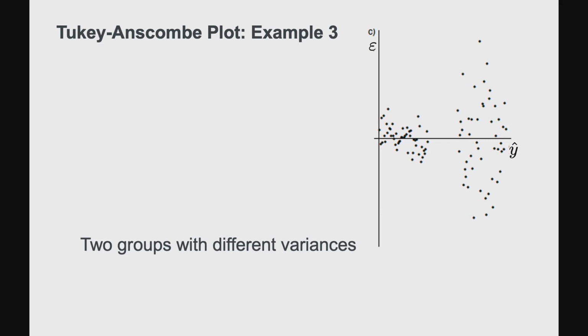Here we have two groups, and in this area we have a noise that fluctuates around 0 but has a certain variance. Here it's still around 0 but it's a larger variance.